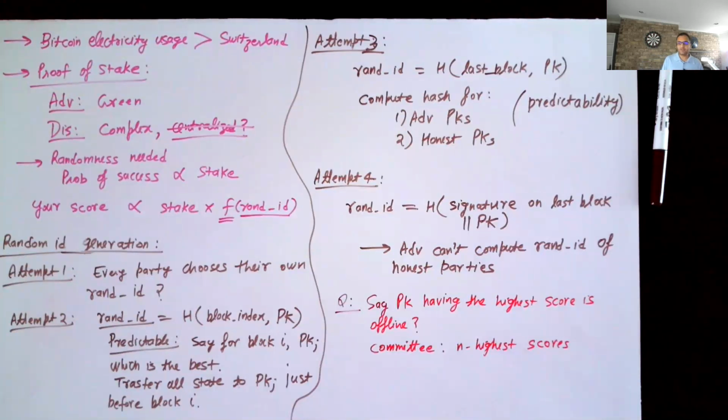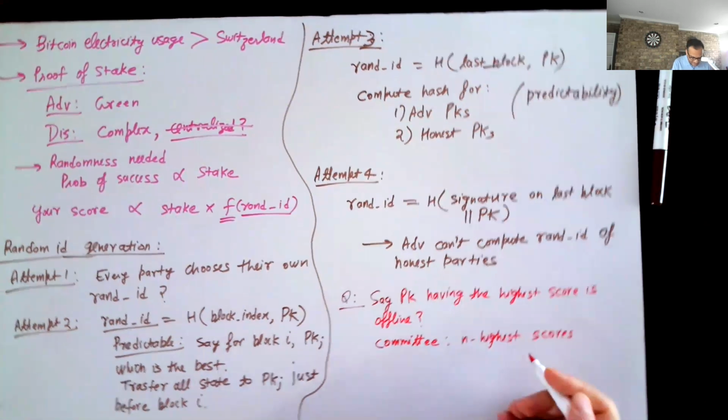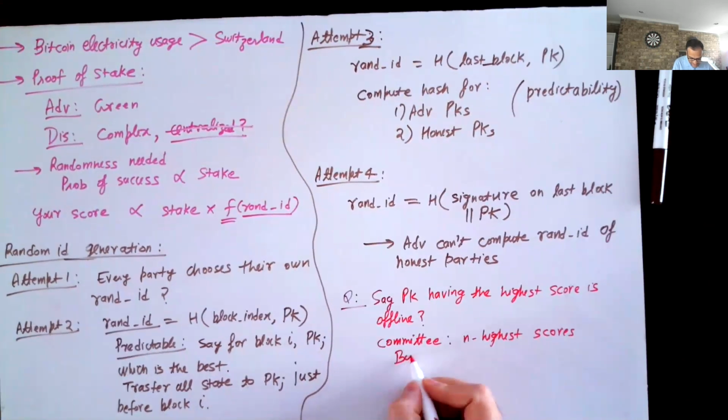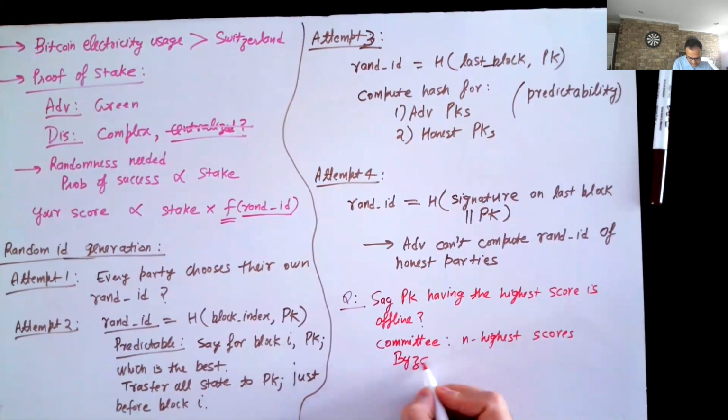And the assumption in many of the systems is that a majority of the committee picked in such a way will be honest as well as online. And then this committee will run what is known as a Byzantine agreement protocol.